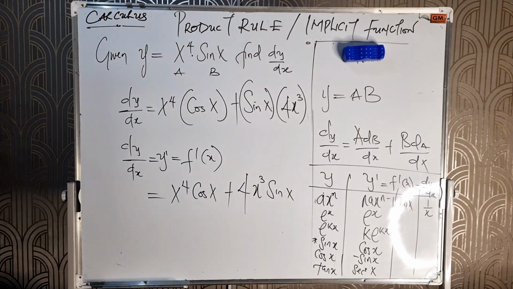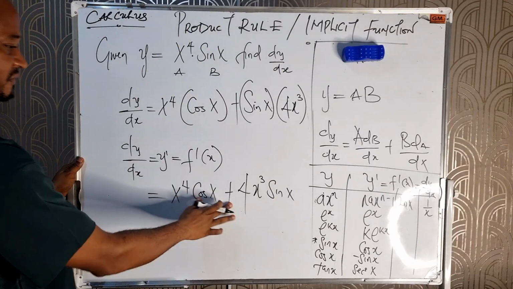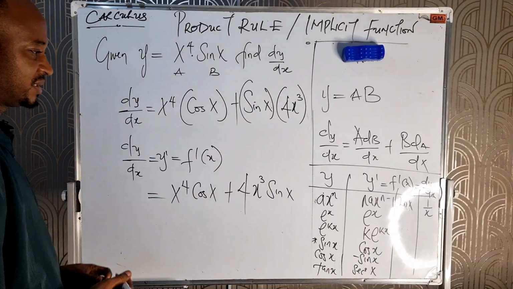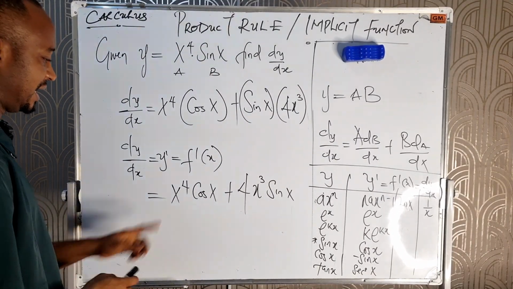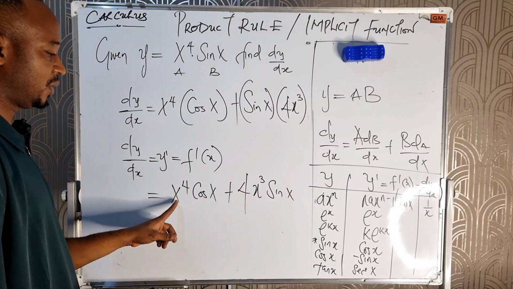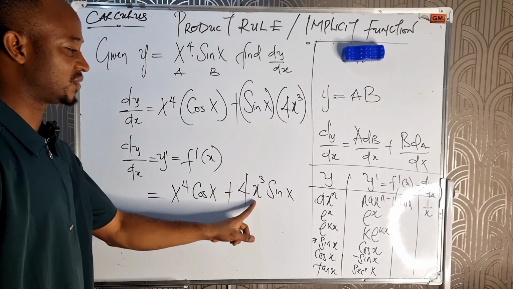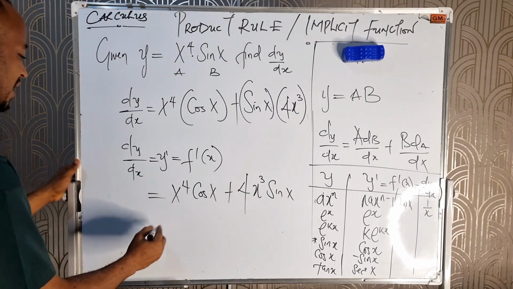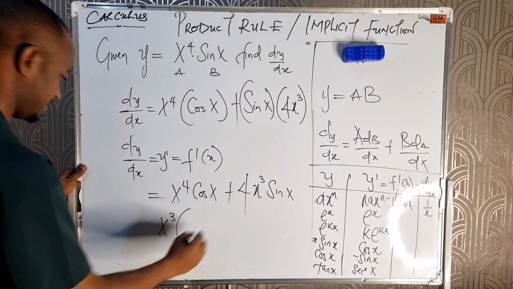Then we can look at these two terms together. Since we have a plus sign here, I think we have something that is common. x to the power of 3 is common. Here we have x to the power of 4, here we have x to the power of 3. So I can factor out x to the power of 3.